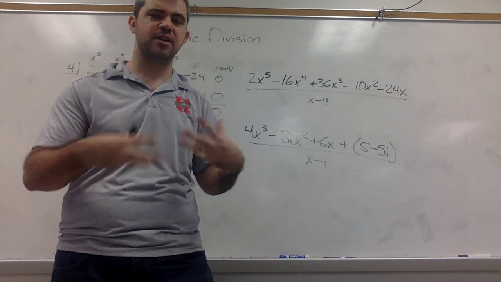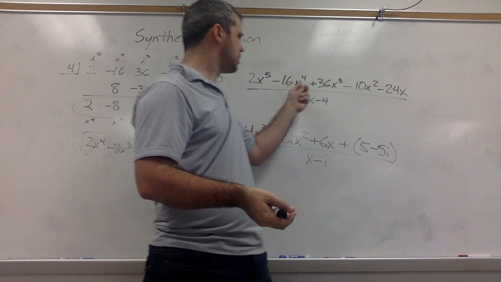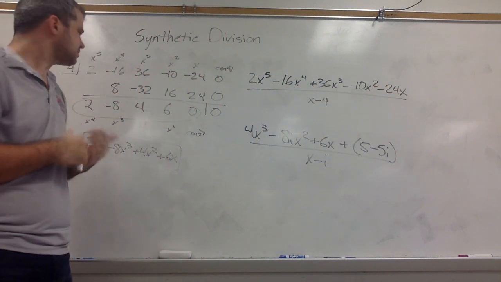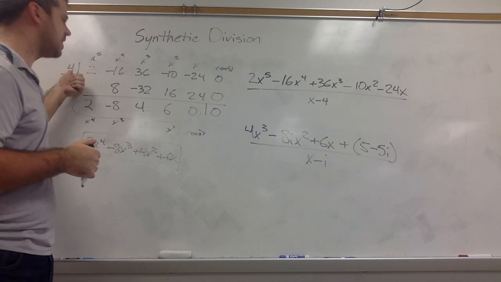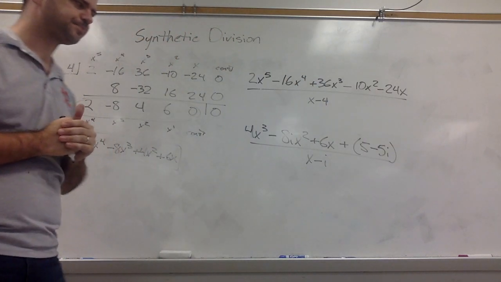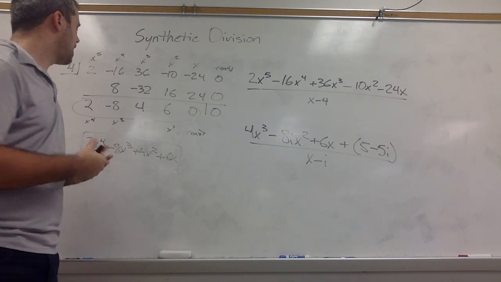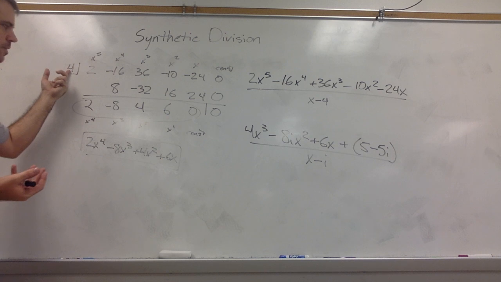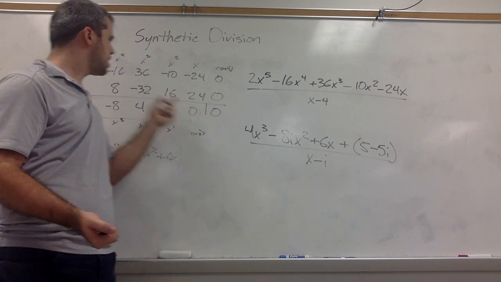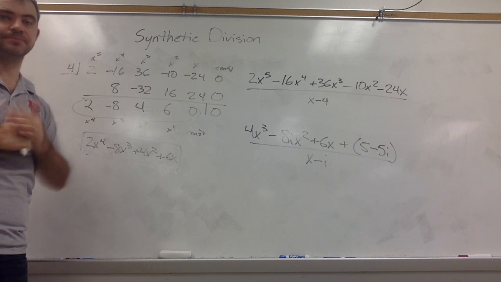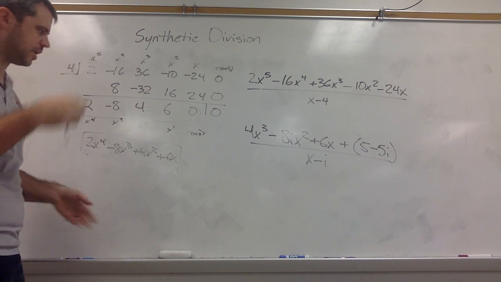And even with a calculator, it's going to take more effort doing it this way than it is doing it this way. So if you do synthetic division by 4, it's just like you stuck 4 in there. But one of the results of this is if I'm dividing by 4 and I get a remainder of 0, that means 4 is a 0. It's a root. So in this case, 4 would be a root.